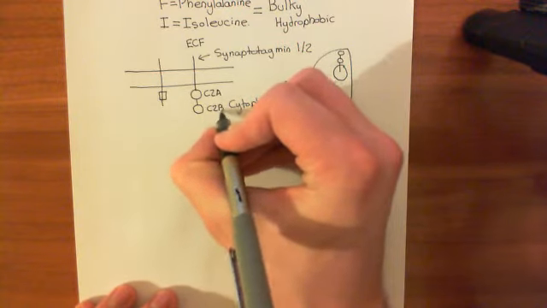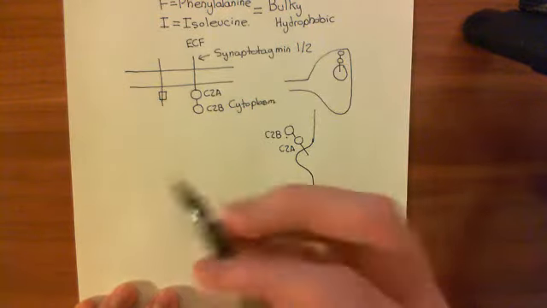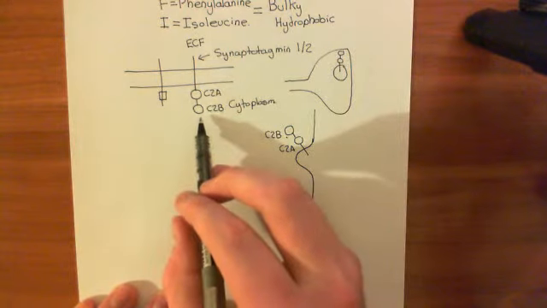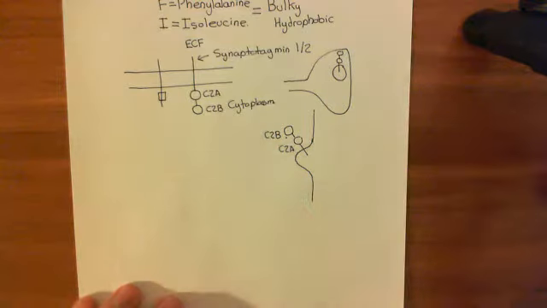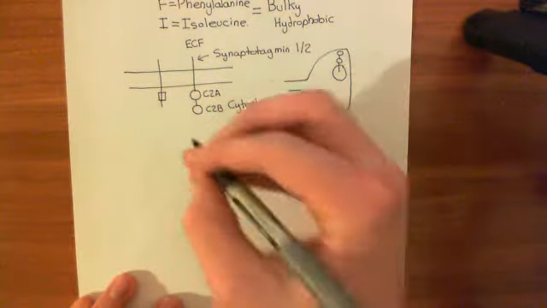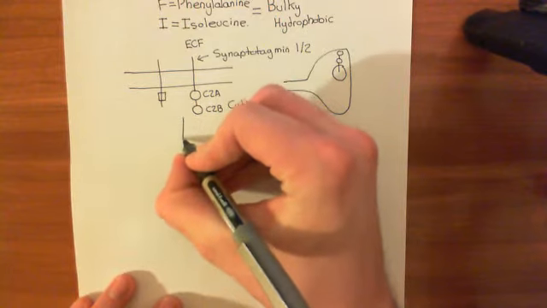Right, so we've seen that the core domain of adapter protein complexes comes and binds to the C2B domain of the Synaptotagmin 1/2 protein, and this is how these adapter protein complexes get targeted to the cell membrane. So let's draw our adapter protein complex.